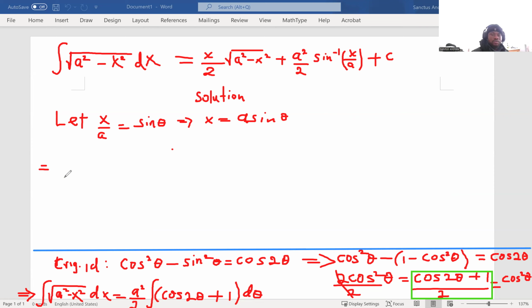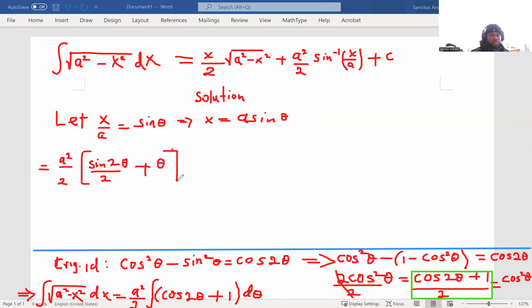So now we integrate that. We're going to have a square over 2. Then if we integrate cos 2 theta, we have sine 2 theta over 2 plus theta.